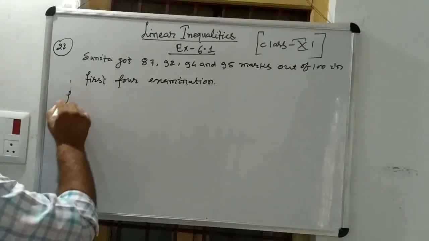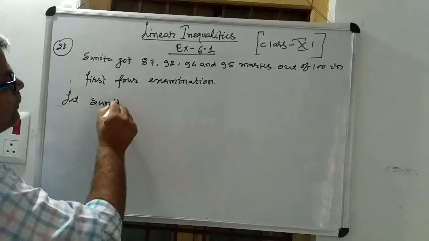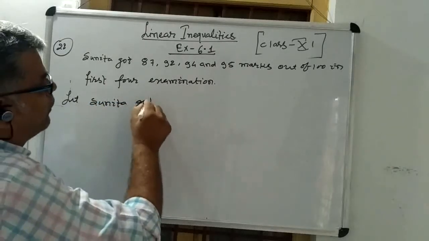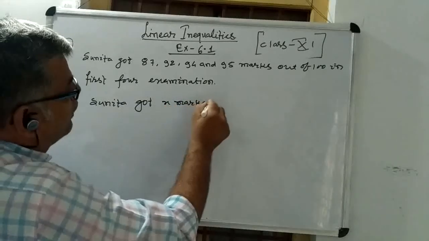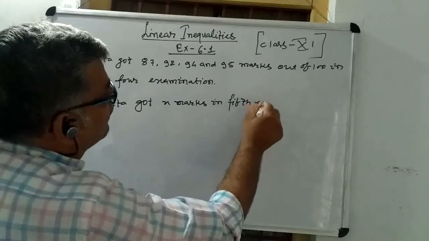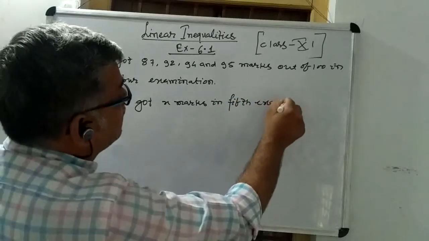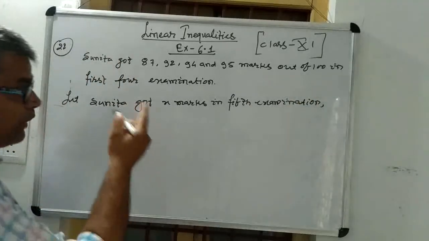So let Sunita get X marks in the 5th examination. Then calculate the average.